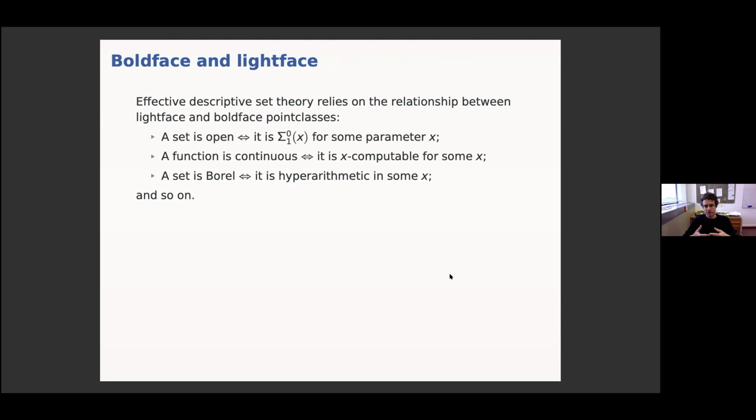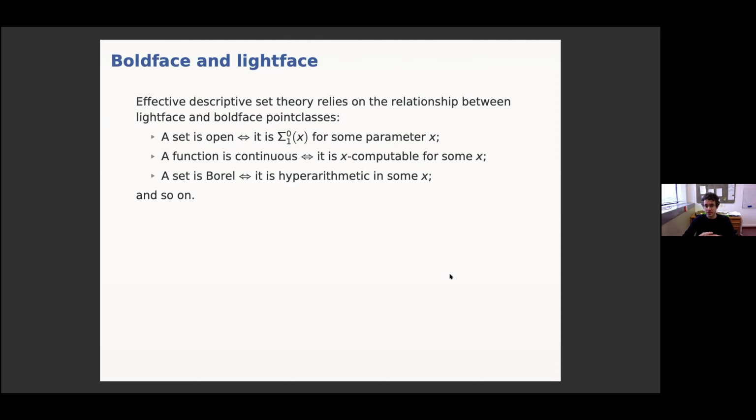So for example, I can talk about effectively open subsets of Baire space, those that are generated by CE sets of finite strings of natural numbers. And this can be relativized to any oracle, by using CE relative to an oracle. A set is open if and only if it is effective relative to some oracle, because every open set is generated by some set of strings, and that set of strings has a Turing degree that can enumerate it.